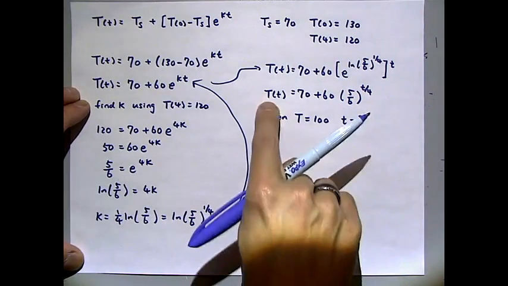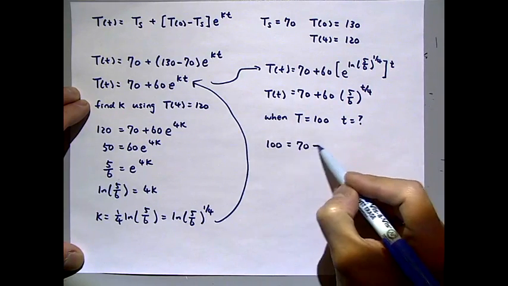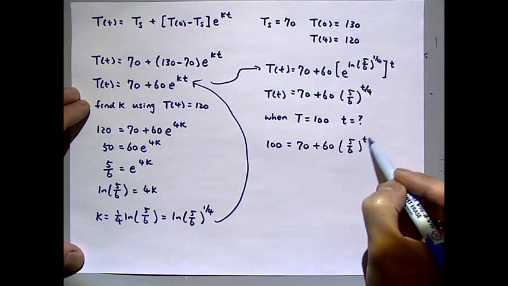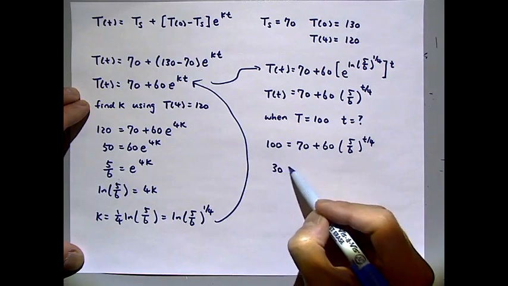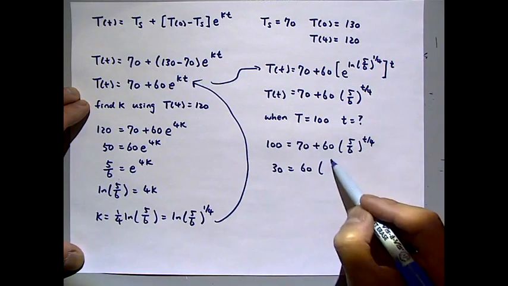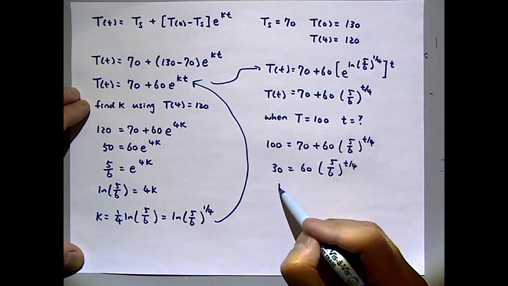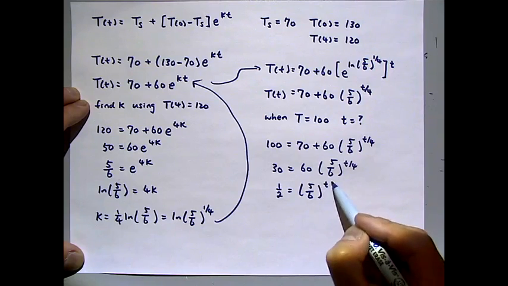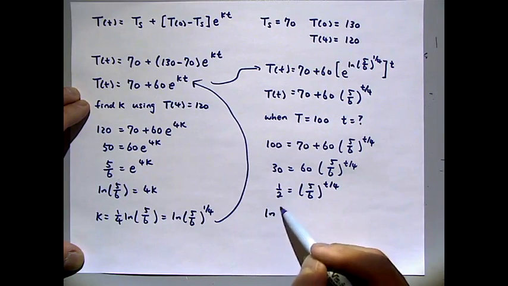I put in my temperature. Subtract 70. Divided by 60. Natural log of both sides.